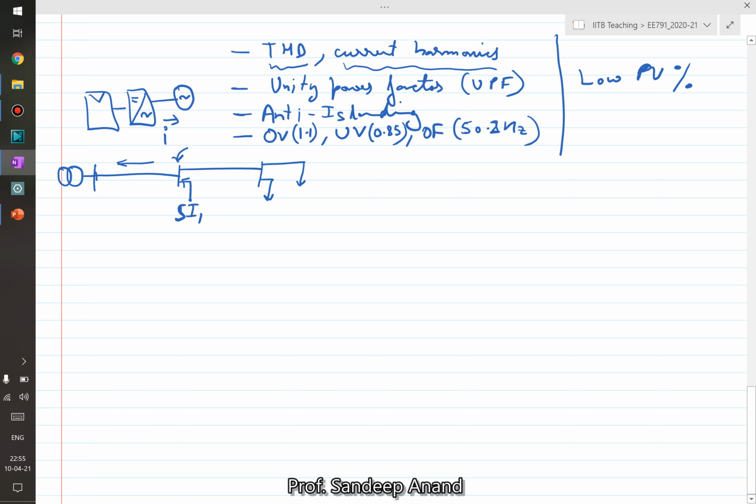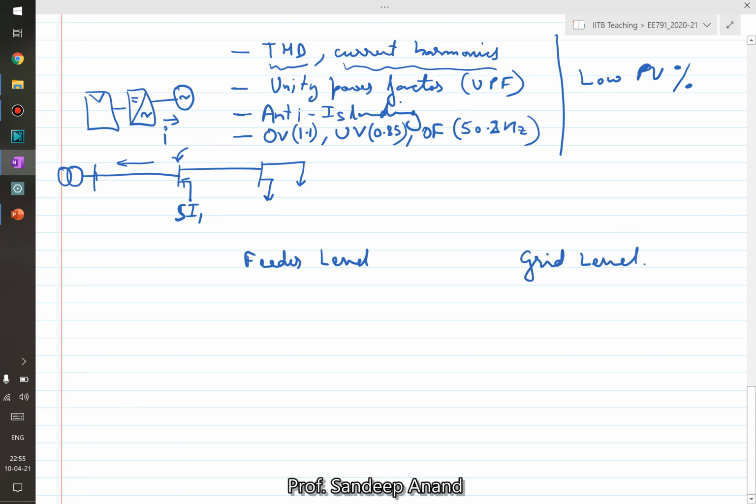So what kind of challenges can it bring? Here in this discussion, I would categorize these challenges in two broader categories. One category is feeder level, and the other is grid level.